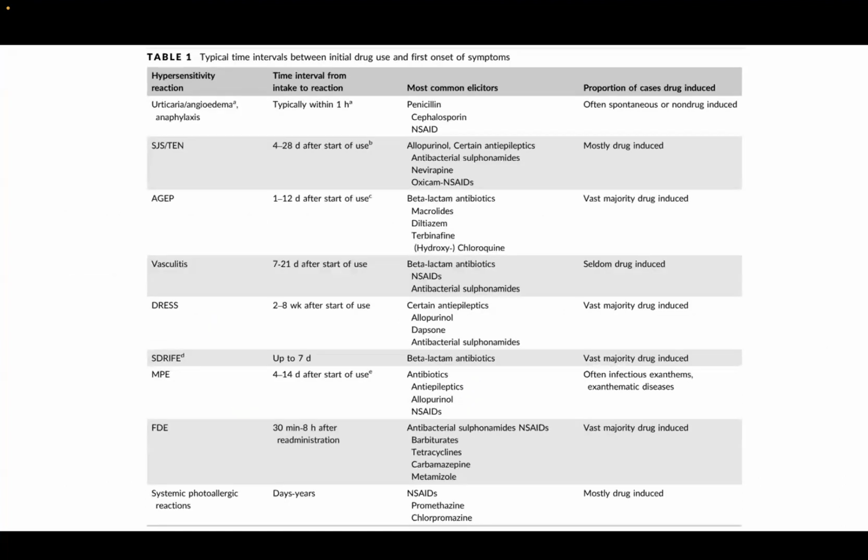As we can see in this paper, they try to phenotype the reaction based on the manifestations that the patient has, or they try to classify the reaction the patient has based on the phenotype.